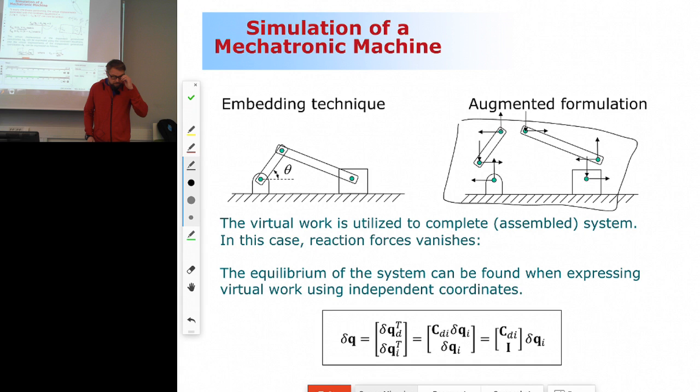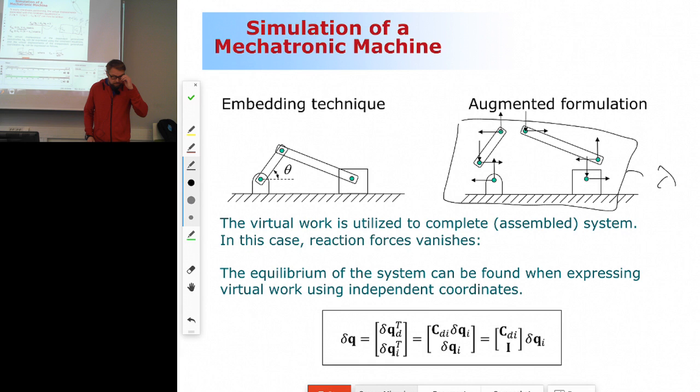This is based on Lagrange multipliers, so we have to solve every component in a vector of generalized coordinates and reaction forces. Whereas in the embedded technique, it is only the independent coordinates. Which ones are independent? Whatever you want to select. The only limitation is that once you do the selection, you have to be able to invert the dependent part of the Jacobian matrix. No other limitation. Okay, so that's what it is.